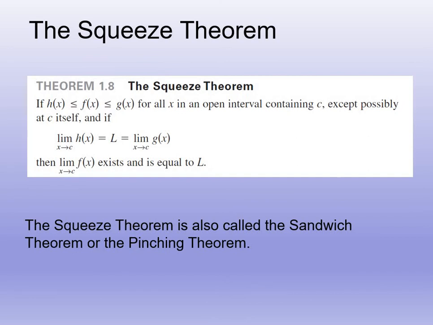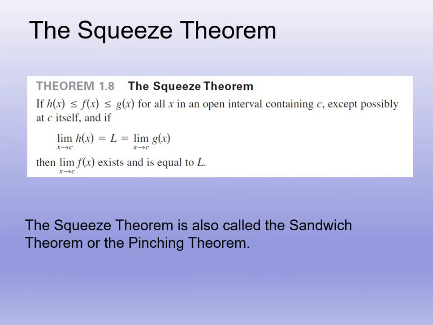They're both L, or whatever value that is. They both end up being 5, or they both end up being 1. That means the limit of f of x as x approaches c is also equal to L because f of x is between the two functions h of x and g of x.